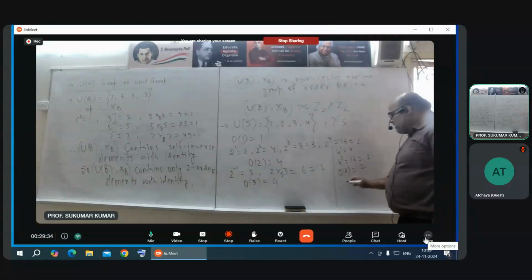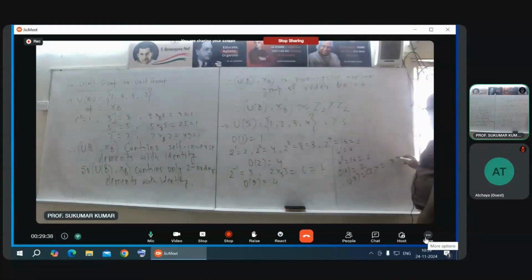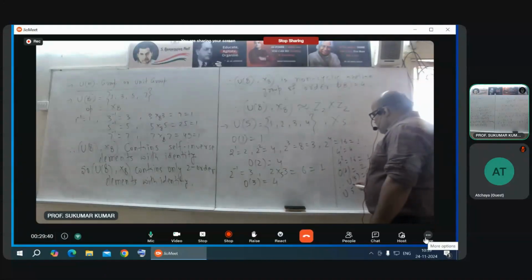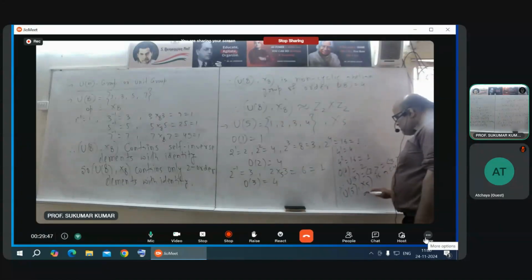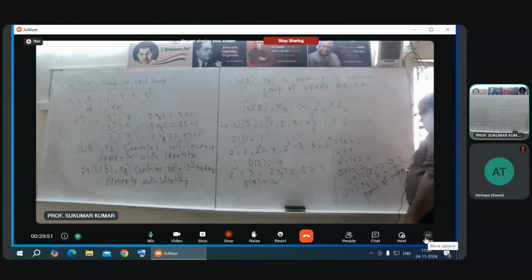So finally we can write U5 is generated by 2 and generated by 3. So finally we can write U5 is a cyclic group of order 4 with 2 generators.